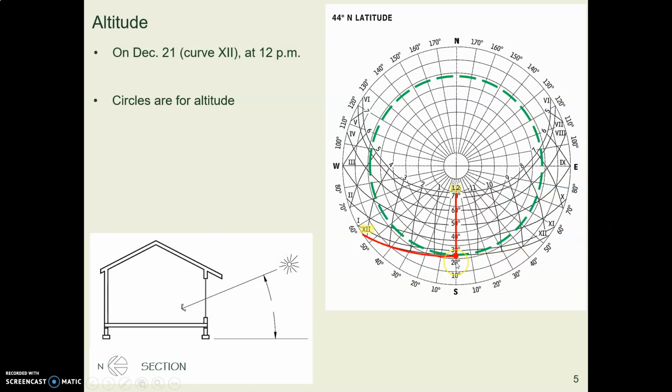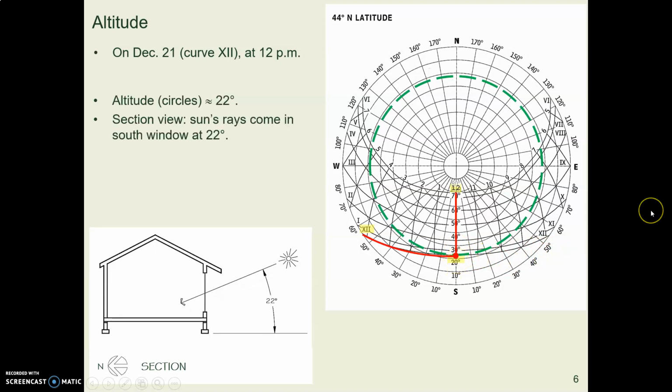Looks like that circle that goes through that dot is somewhere above 20 degrees. So here's the 20-degree circle. Up there is the 30-degree circle. Looks like it's just a little bit above 20 degrees. I'd say maybe a fifth of the way to 30.